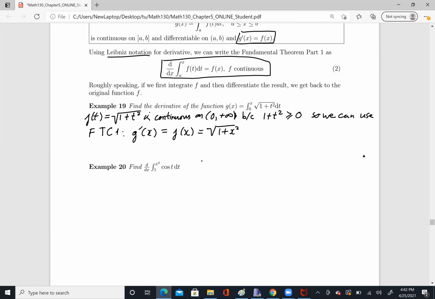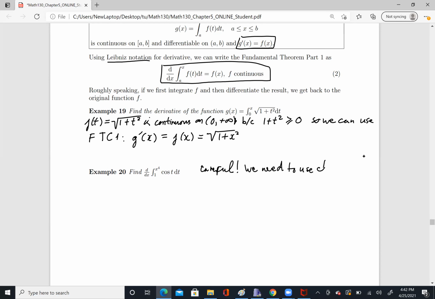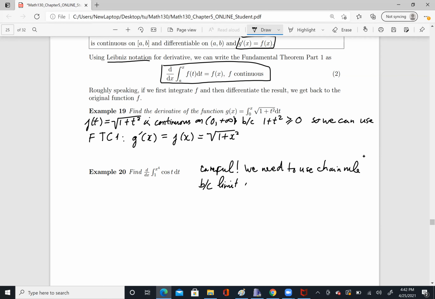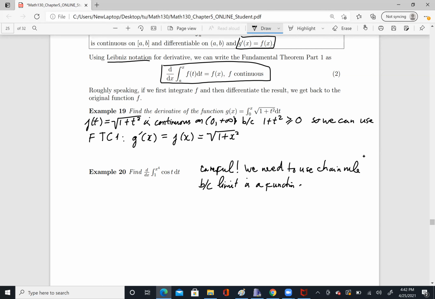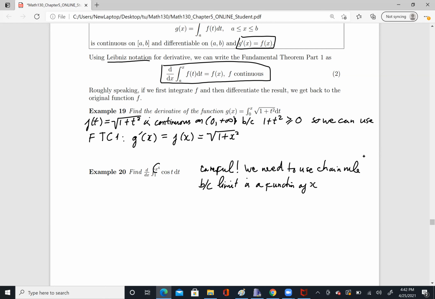Okay, so let me write, be careful. We need to use chain rule because the limit is a function of x, which is x squared over here, x to the power 4 over here, right?